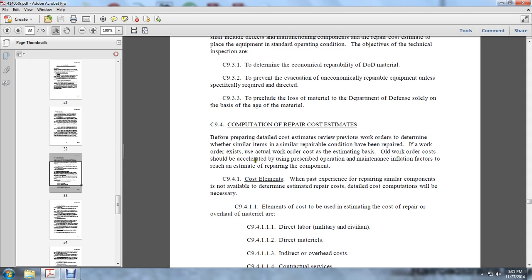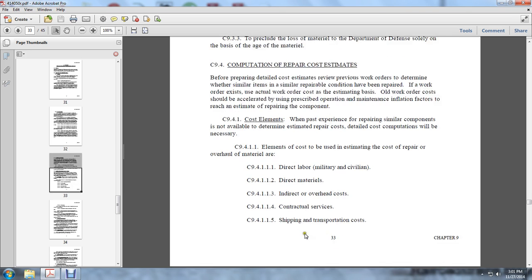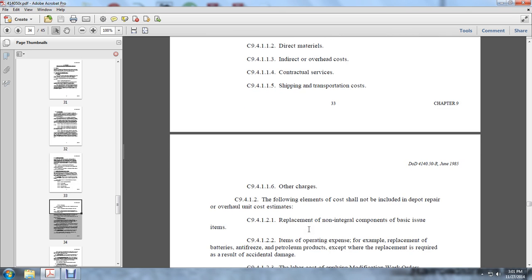Elements of cost will be used and estimated for the cost of repair, overhaul, and material: direct labor, military and civilian, direct material, indirect overhead costs, contractual services, shipping and transportation costs, or other charges.